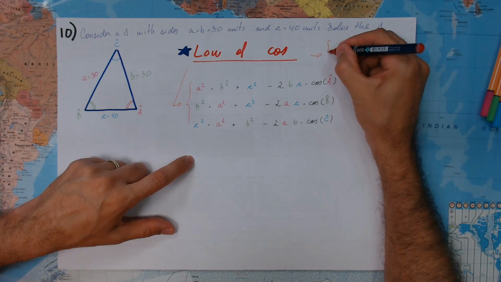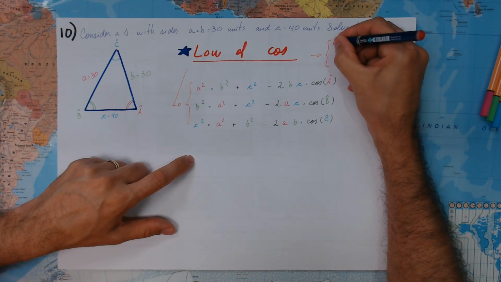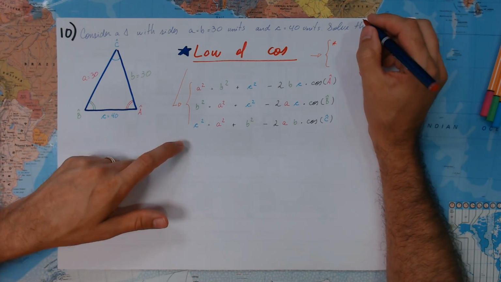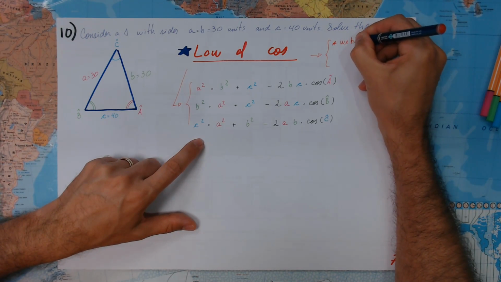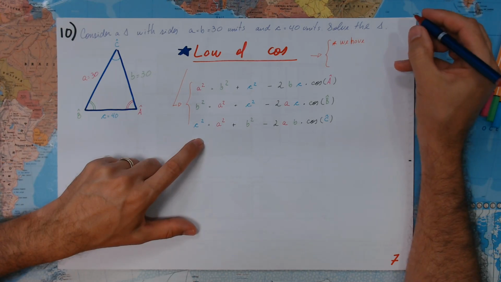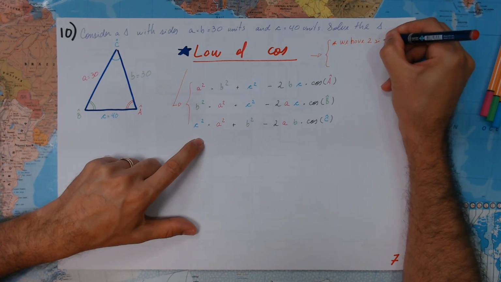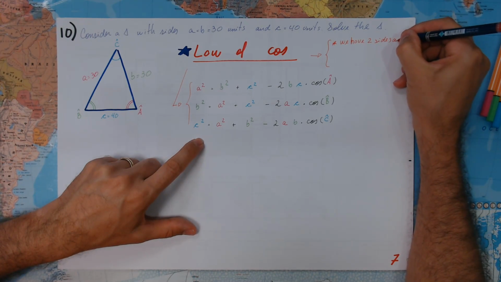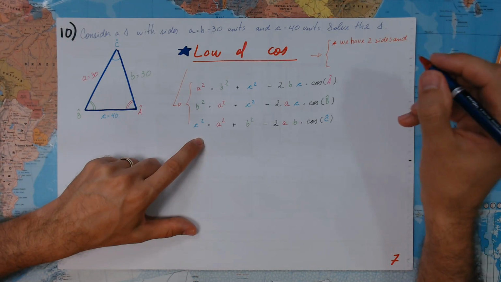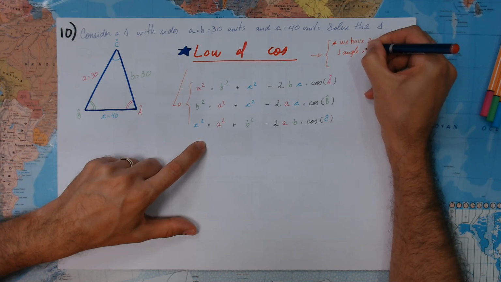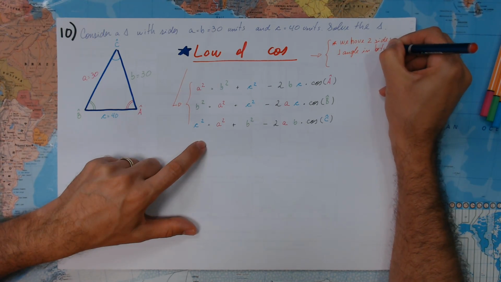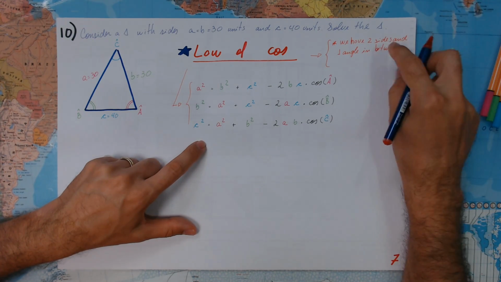We're going to use this formula in two situations. The first one, when we have two sides and one angle in between those sides.